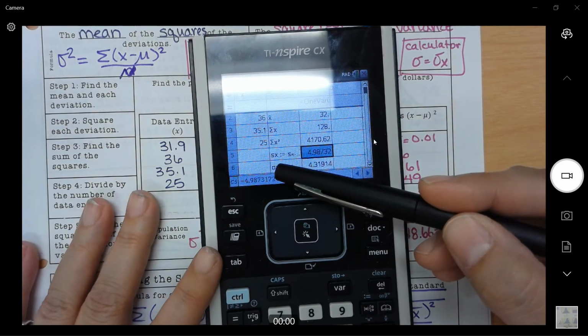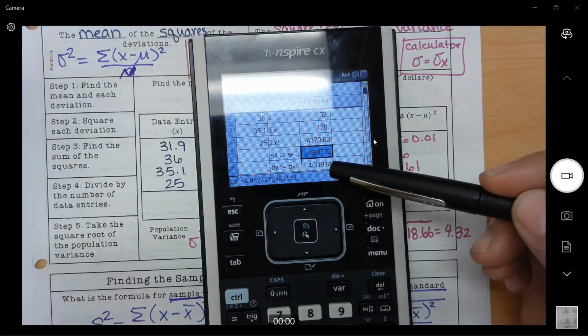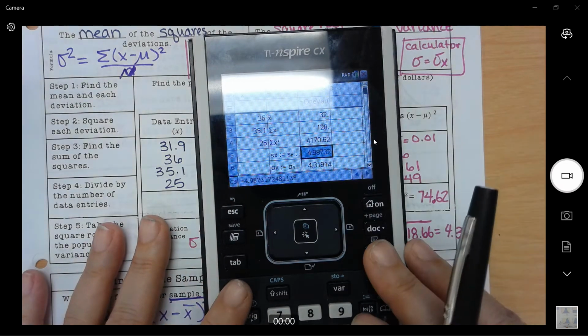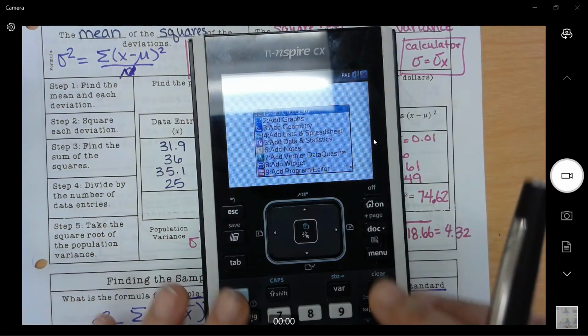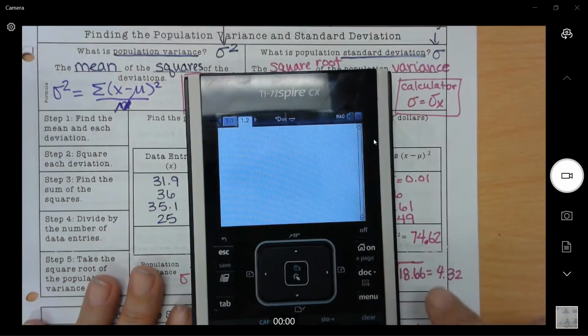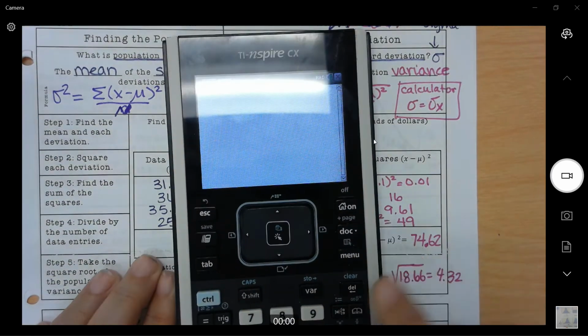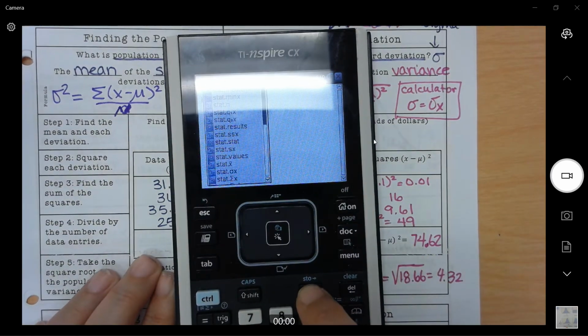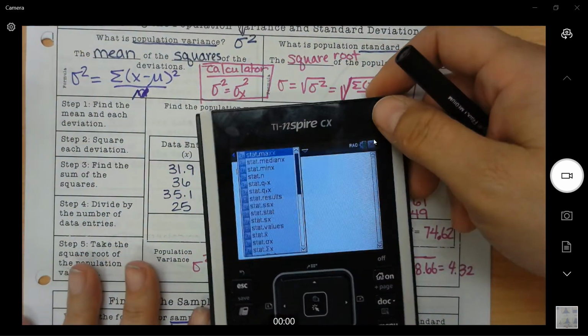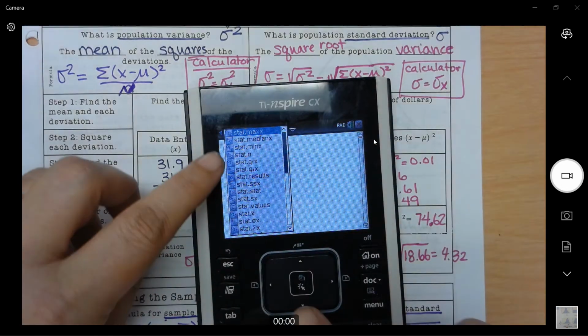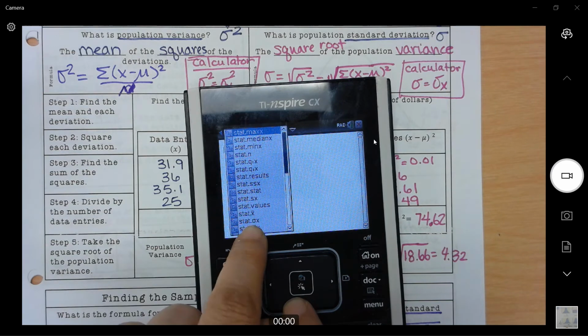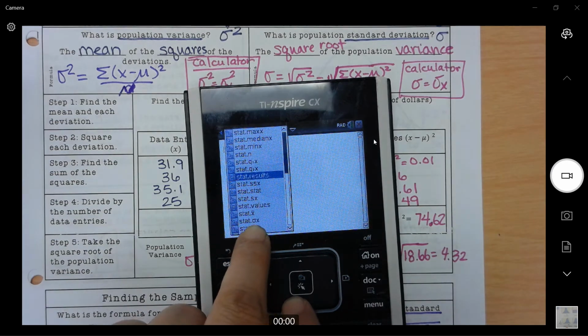Now that is sigma x, but that is not variance. That is the standard deviation. So what you have to do is push control dock and pick a calculator. And a little trick you can use is the var button, which is right above the 9, will let you pick all of the information that was already in the calculator from the previous activity. And as you can see, sigma is right here on this list.